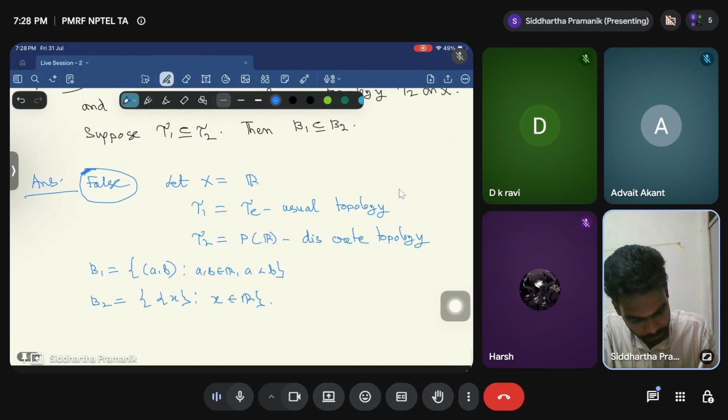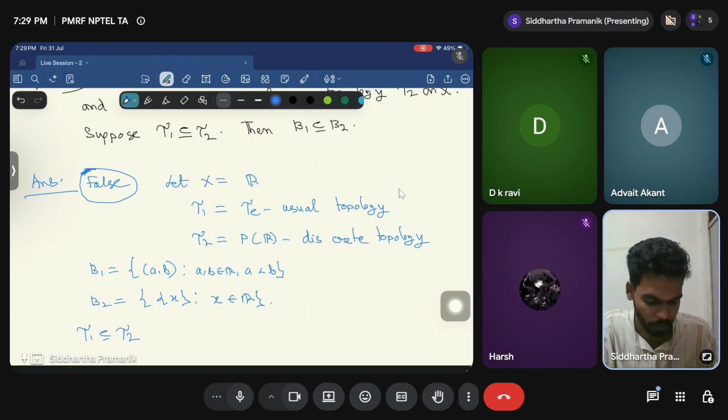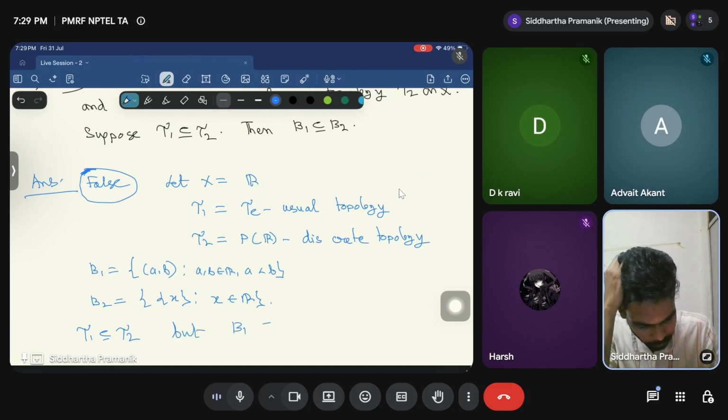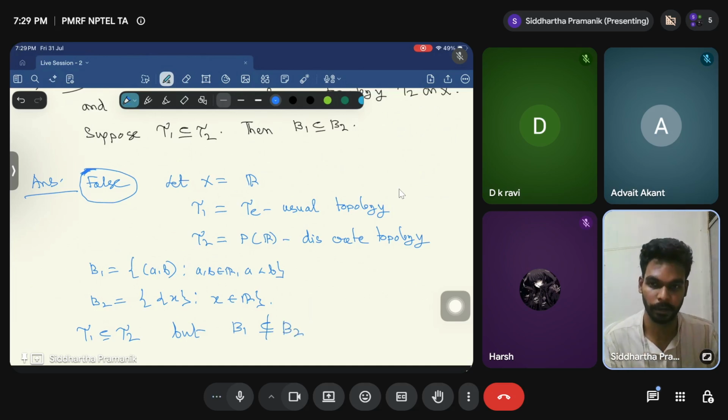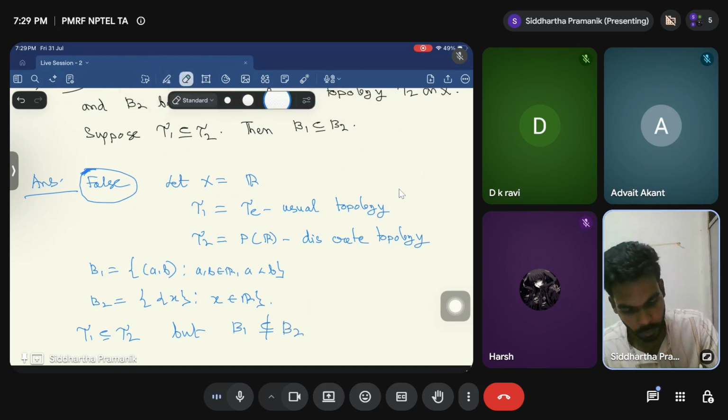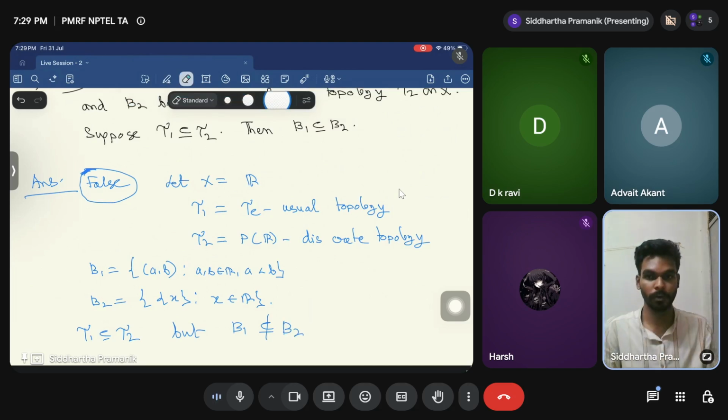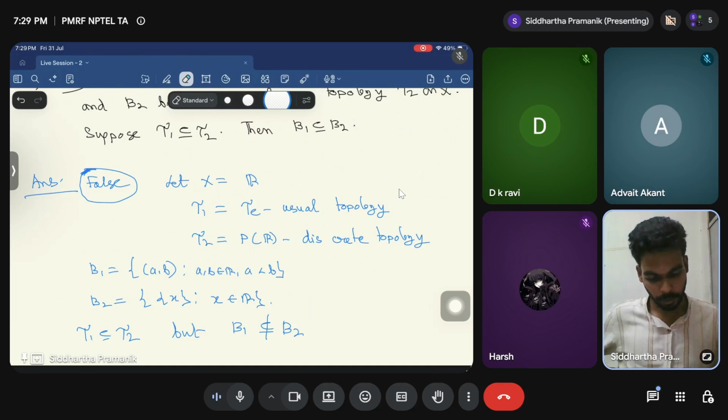Then clearly tau1 is a subset of tau2, because tau2 is the power set, it has to be a subset. But B1 cannot be a subset of B2, right? Even these two are not comparable in fact. So what you are saying is also not correct, as can be seen from this example.